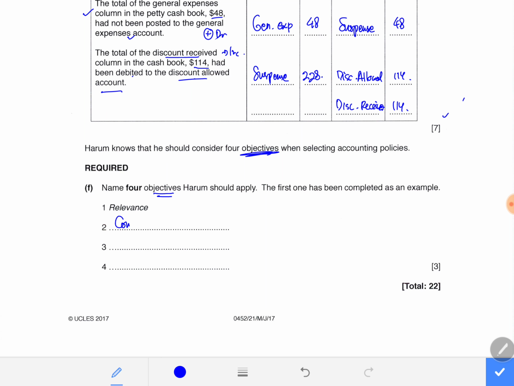Second is comparability. Third one is reliability. And then the last one is understandability. That's it. You have to memorize all these four.